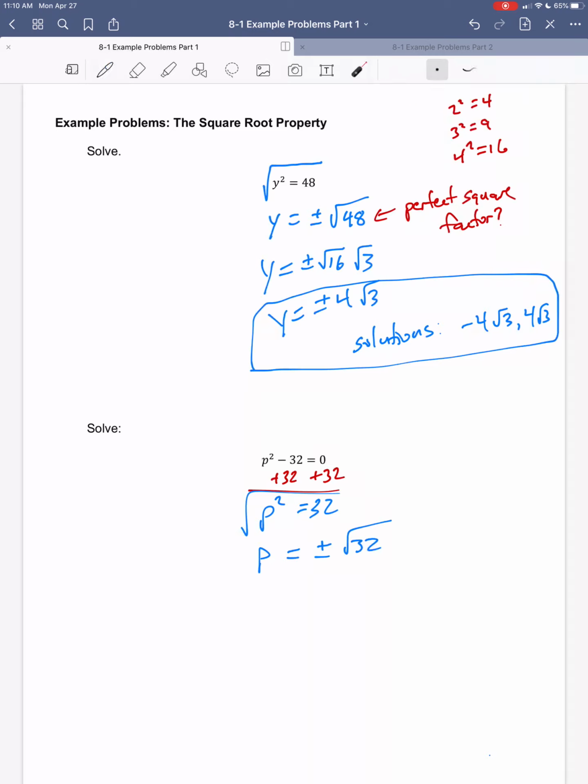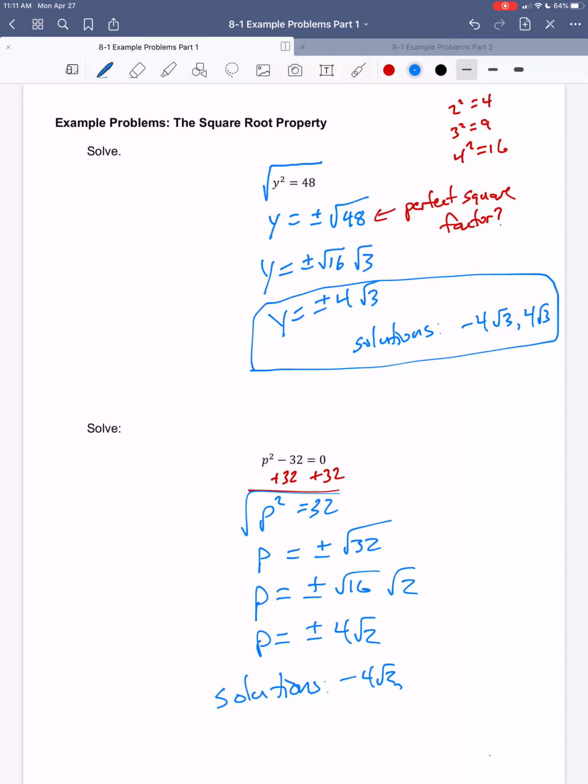So again, I look for some factors that go in here, and we see that 16 works again. I guess I had 16 on my mind when I was doing these problems. So 16 times 2, square root of 16 is 4. And so my solutions, we have negative 4 square root of 2 and positive 4 square root of 2.